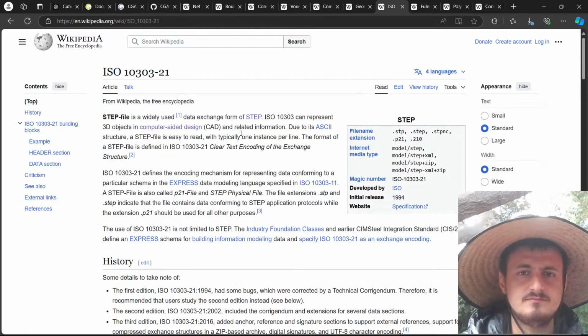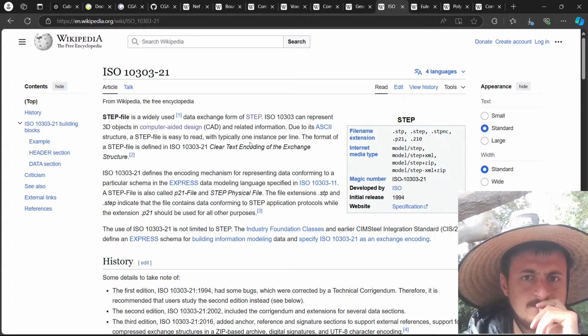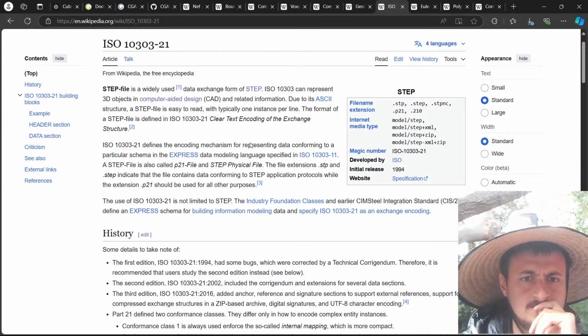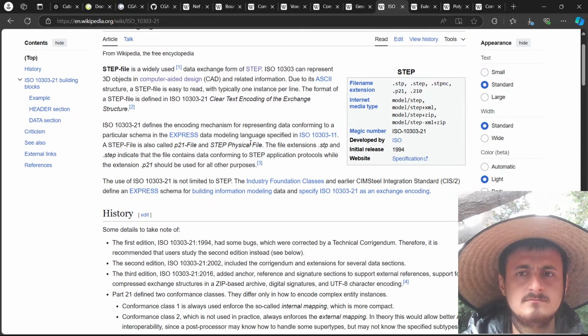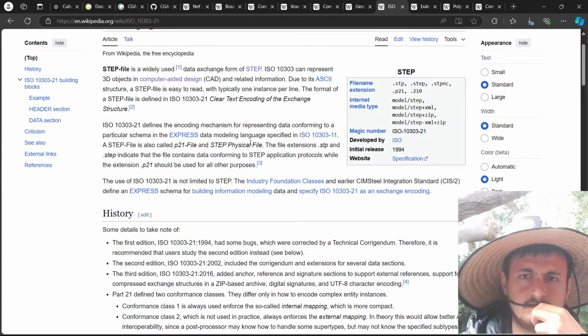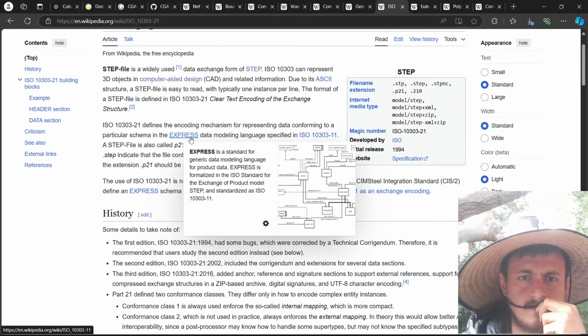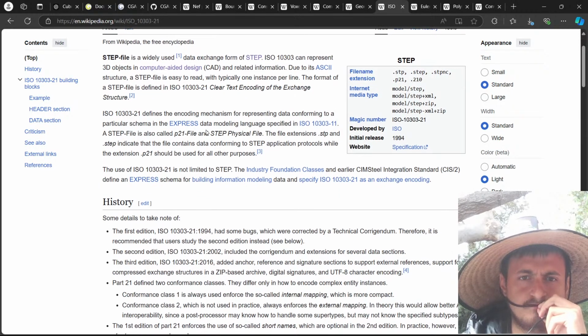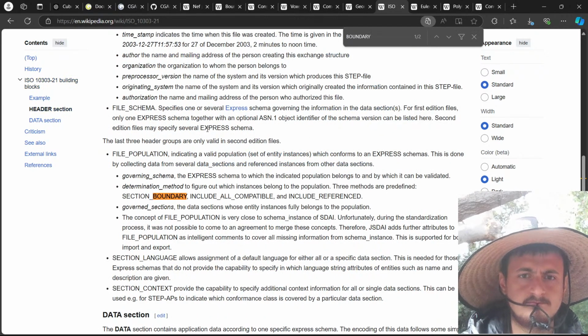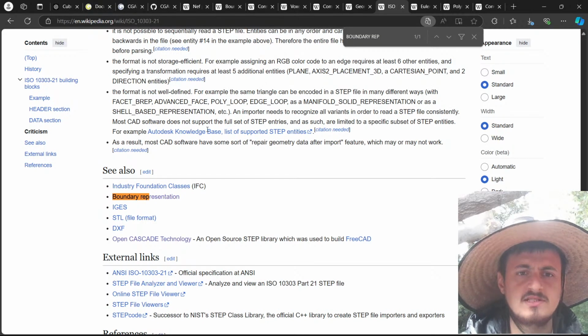Okay. Doesn't even say that on this page.